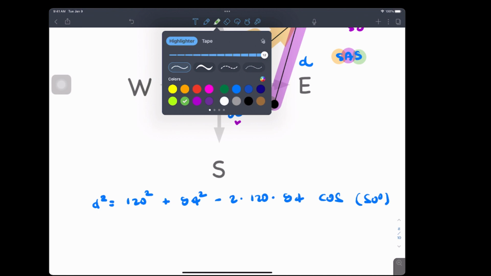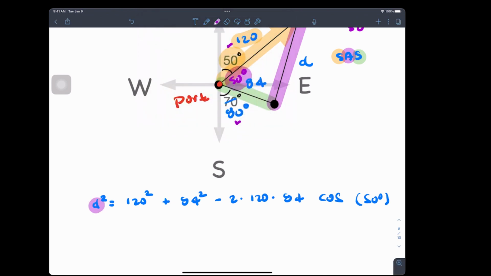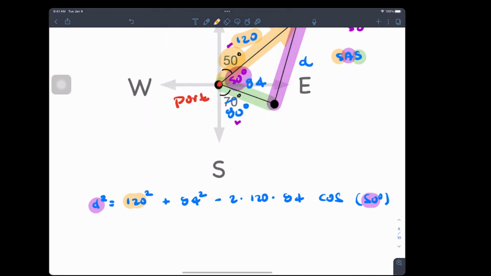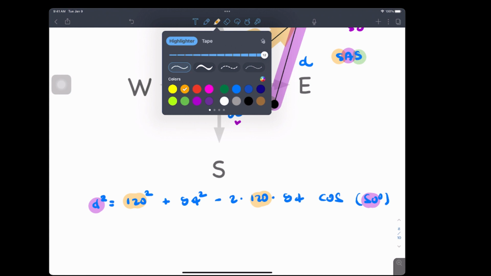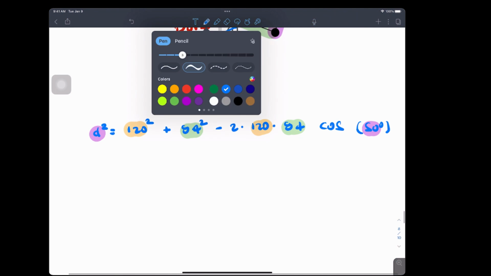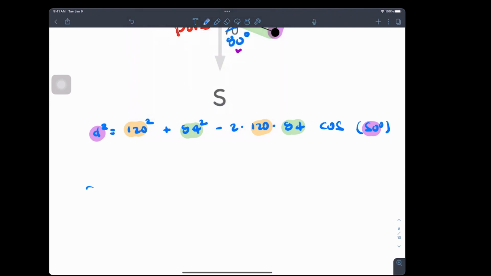In my mind, there's very little I really memorize, and I want to make sure you see my point here: with law of cosines, it kind of resembles the Pythagorean theorem. It's not really the Pythagorean theorem, though. And so now D is the square root of all this.